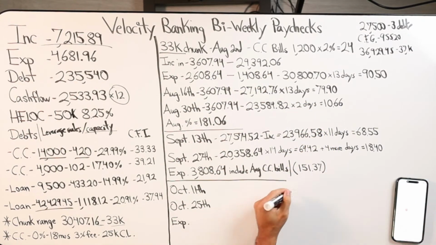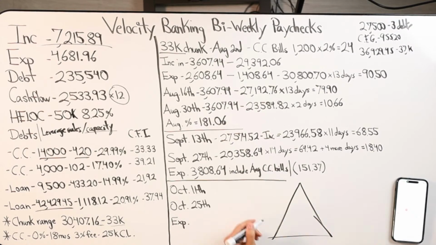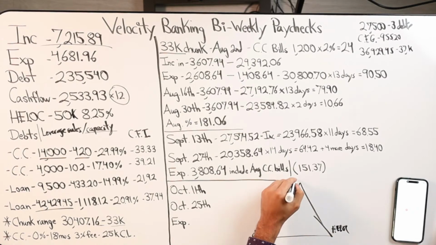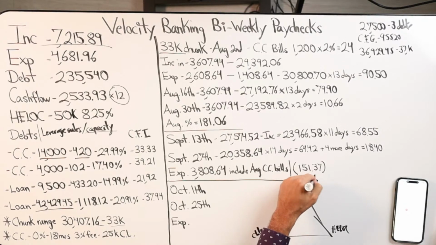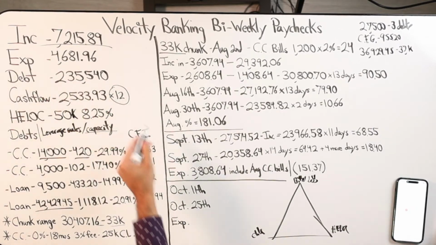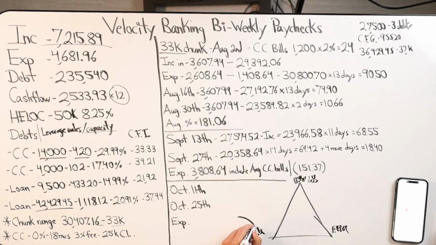Let me do my famous triangle. We got the checking here, the HELOC here, and our bills or debts there. So income comes in, boom, lands in your checking account.